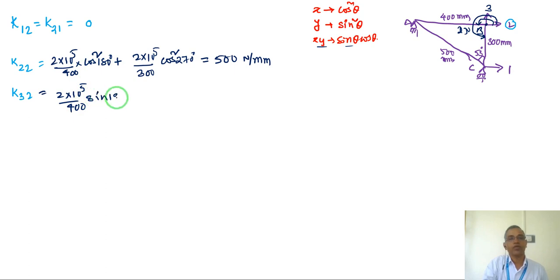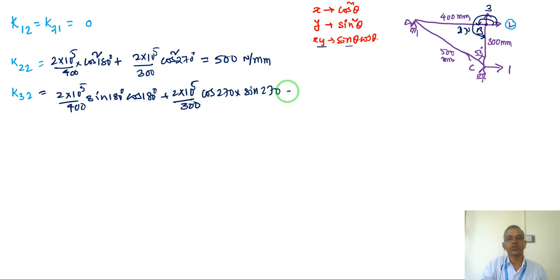Sin 180 cos 180 plus 2 into 10 power of 5 by 300, you get the same thing here, A by L is the same, cos 270 into sin 270. Here sin 180 is 0, everything is 0, cos 270 is 0, everything is 0, so total 0. So this is K32.